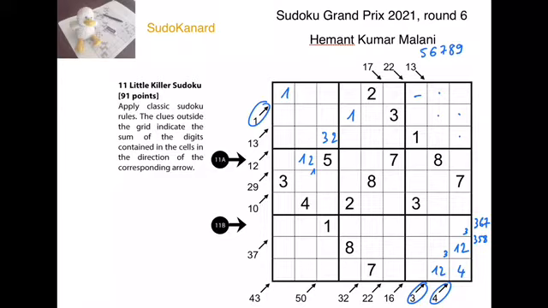So in the corner we get a 3, and we get a 3 down there, and 2 and 4 here. And now we know that this can't be 3, 6, and 7, so those digits must be 5 and 8.